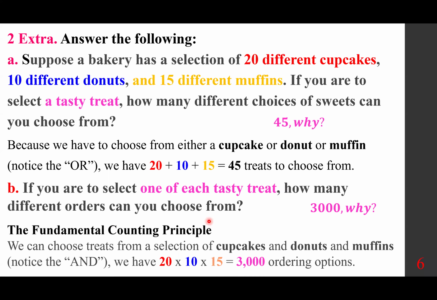The fundamental counting principle: we can choose treats from a selection of cupcakes and donuts and muffins. Notice the and statement: 20 times 10 times 15. We have 3,000 ordering options. So I hope everybody can distinguish between the two.